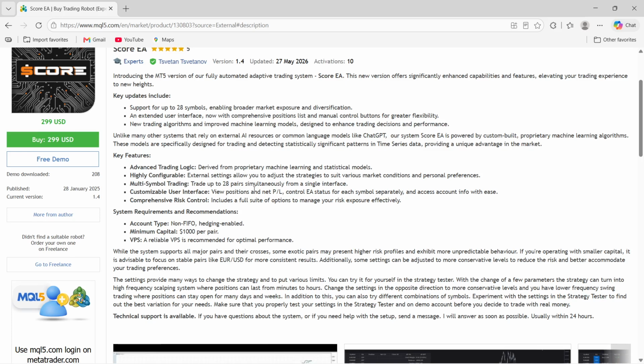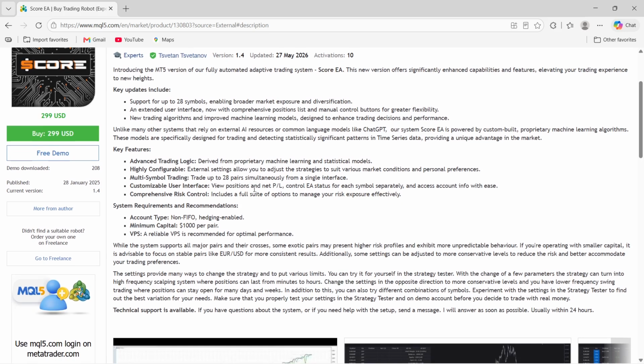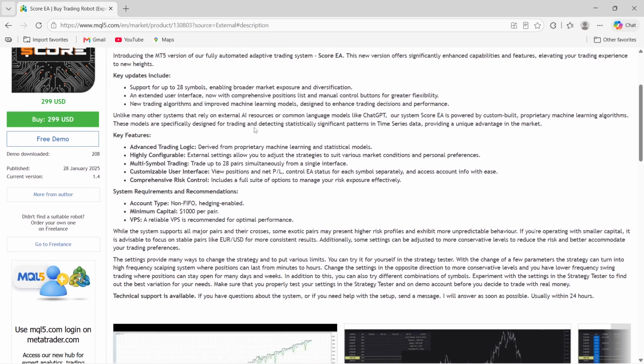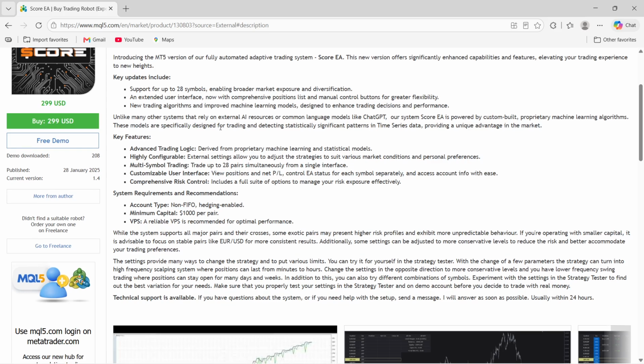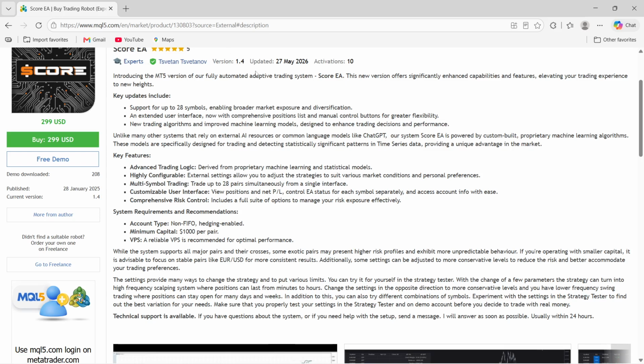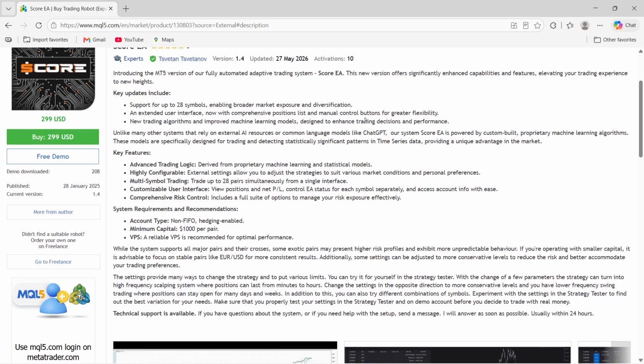Score EA is presented as an expert advisor built on proprietary machine learning models and statistical analysis of price time series. They emphasize that unlike EAs that just plug into generic AI tools or language models, this one uses custom algorithms specifically designed to detect statistically significant patterns in market data.